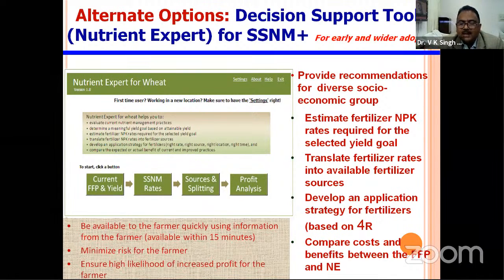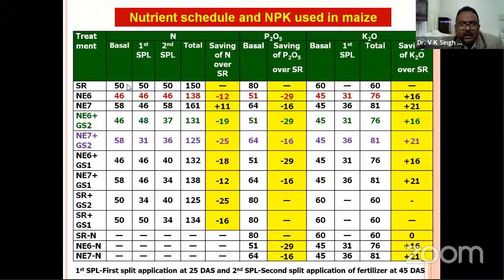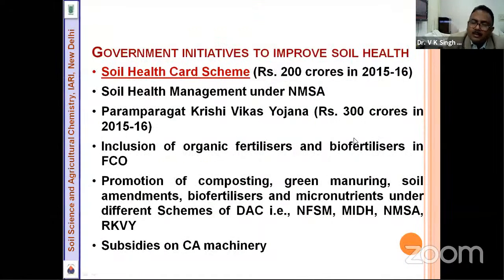So this kind of decision support tool can be used for making more precise nutrient prescriptions at farmers' field. These are some results. I will not go through them. This is from different approaches, but there is a lot of saving, particularly phosphorus nutrient is saved in a large quantity once you apply through these decision support tools like nutrient expert.